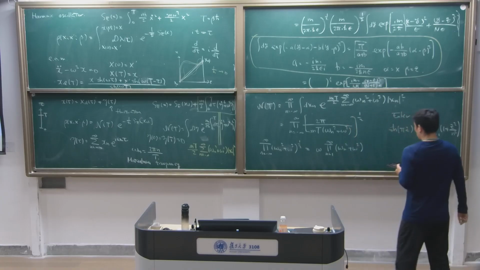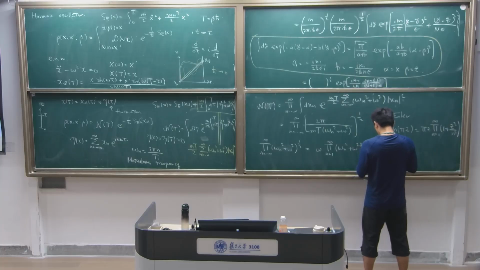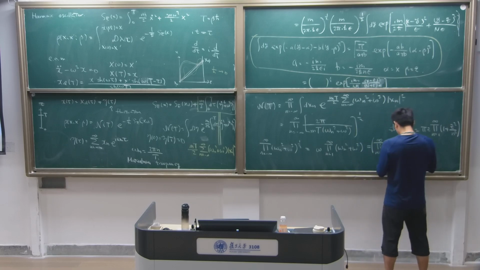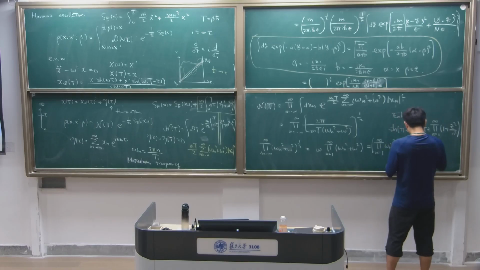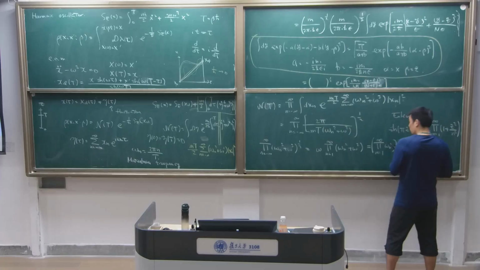And then if you factorize in a nice way, the product over n equal to 1 to infinity of omega_n squared, and then what you get is 2 times sinh of omega T over t.